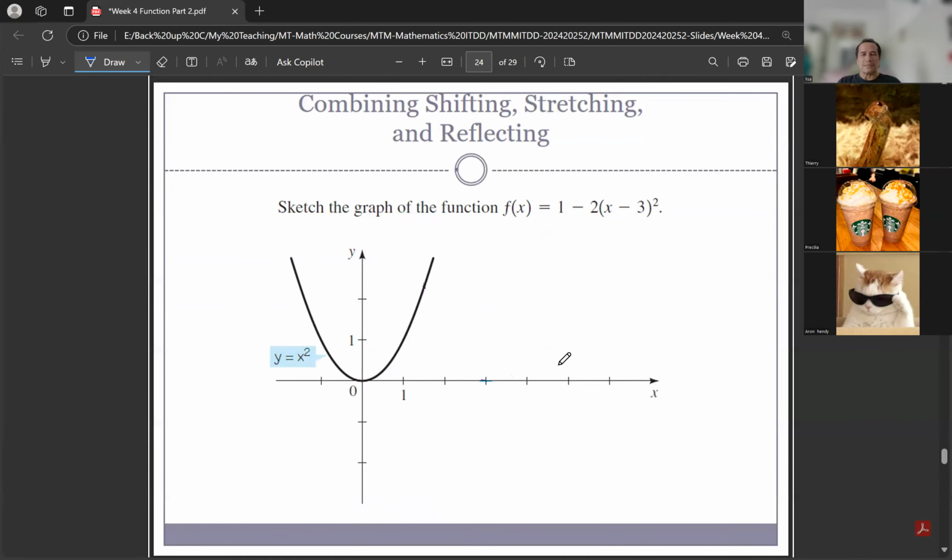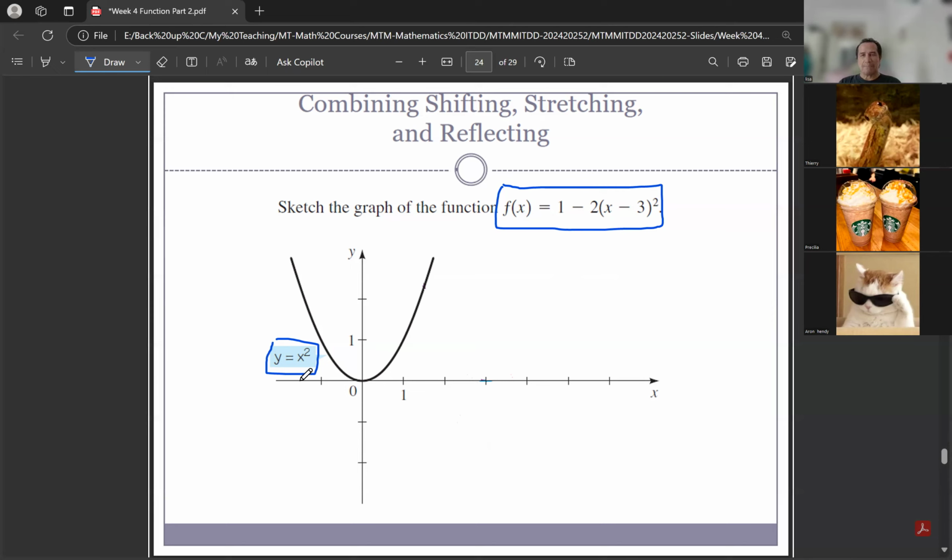Okay, look at this example. We have this function. We want to graph this function using the original function. So we have a more complex function from the original function.